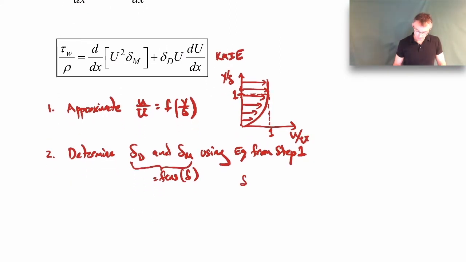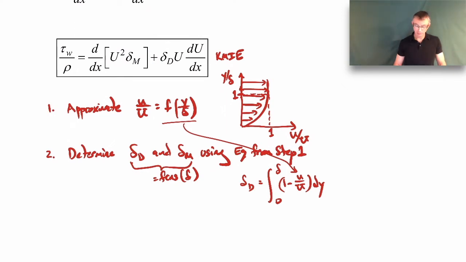Let's just do the displacement thickness. The displacement thickness is the integral from 0 to delta of 1 minus little u over capital U dy. We can substitute in for little u over capital U, that's this thing right up here, evaluate that integral, and you'll see that the displacement thickness will be a function of delta.